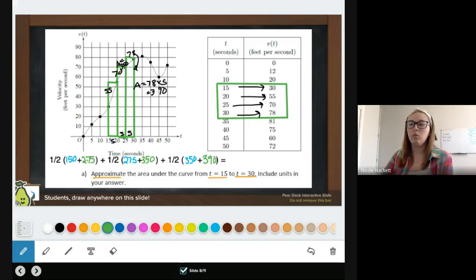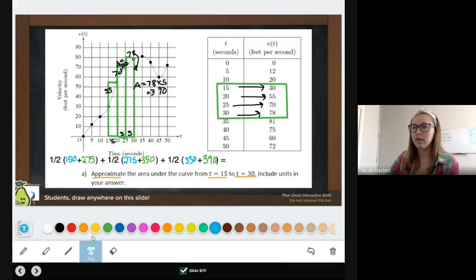So now I have a nice way to show how to put all of these rectangles together to get the areas of the rectangles together to find the average of all of them. So the average of the first one, average of the second, average of the third, and when I put them together, I should get a nice little estimate there.